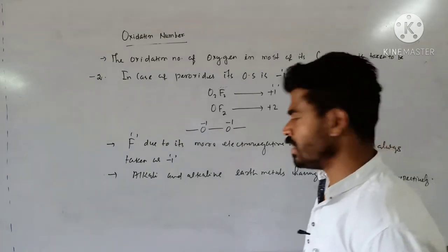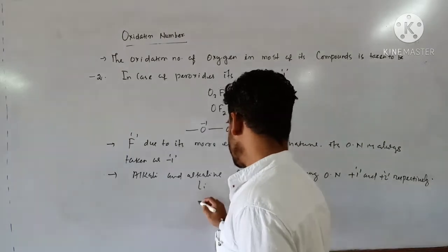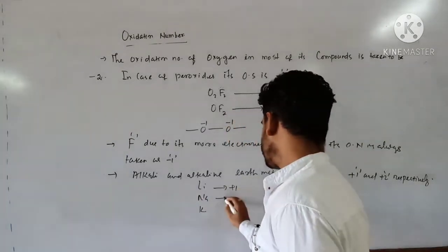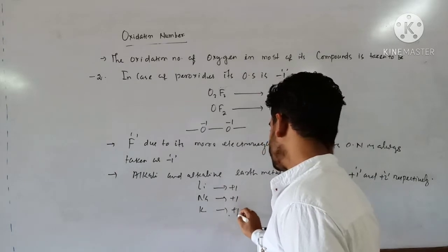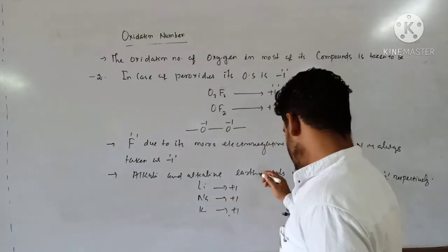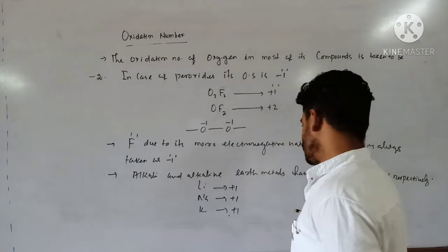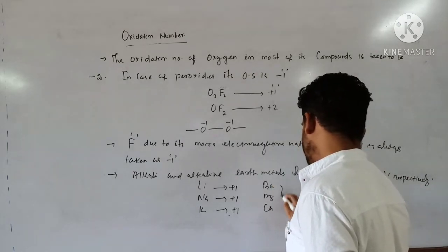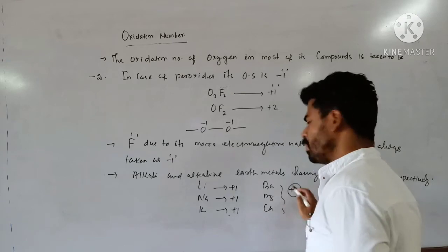In all alkali metals, you can consider lithium, sodium, potassium, all having oxidation number +1. Clear? Alkaline earth metals, barium, magnesium, calcium, all have oxidation number +2.